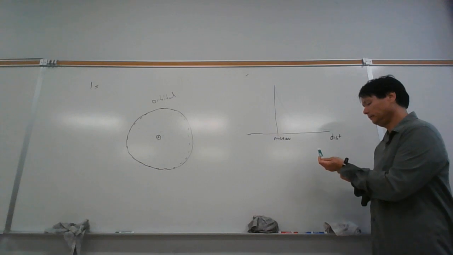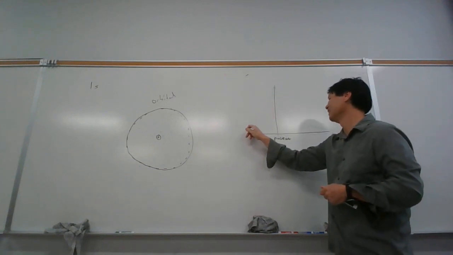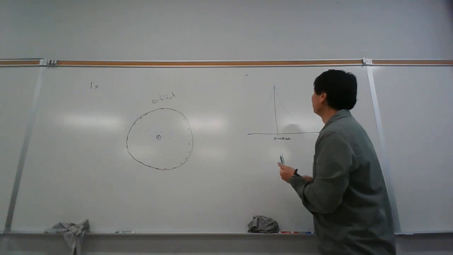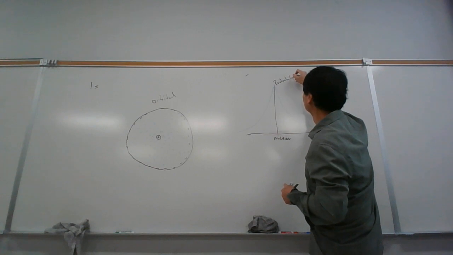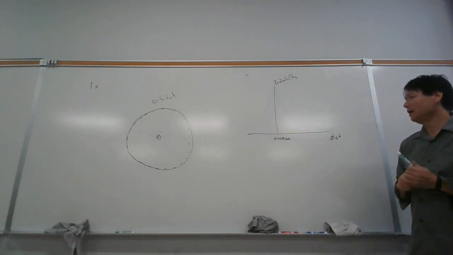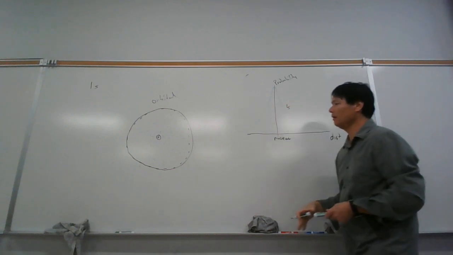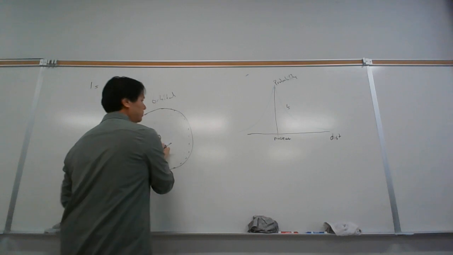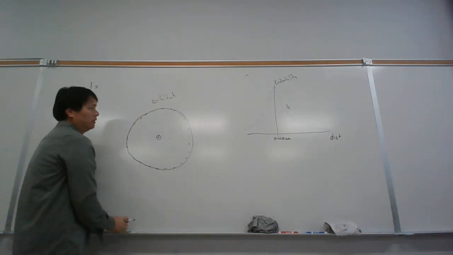And so it looks something like this. This would be the probability here on the y-axis. So this would be a 1s orbital, and it would be spherically distributed around the nucleus. It looks like that.